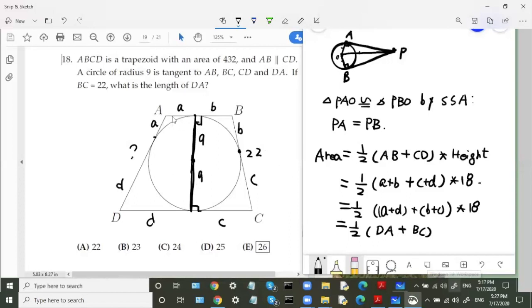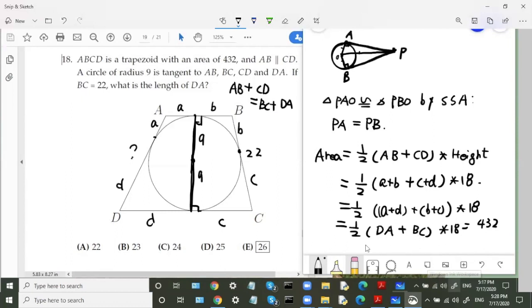So actually, in this trapezoid, the sum of two opposite sides should be equal to the sum of the other two sides. So AB plus CD equals BC plus DA. Okay, so we times 18 equals 432.